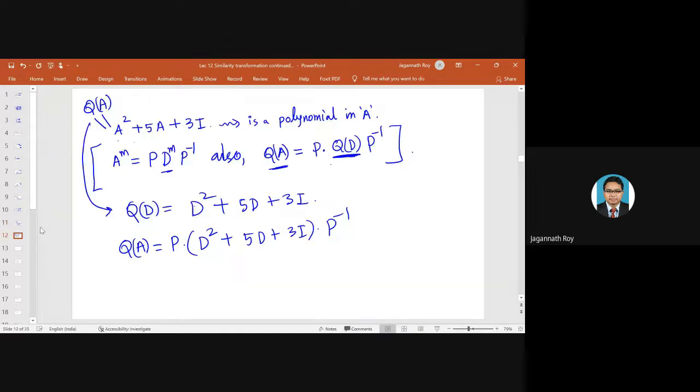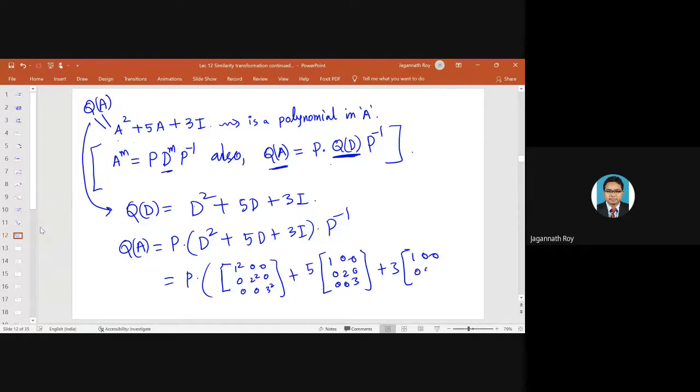So P times D square, where D is of this form: 1 square, 0, 0, 0, 2 square, 0, 0, 0, 3 square, plus 5 times D, 1 0 0, 0 2 0, 0 0 3, plus 3 times I, 1 0 0, 0 1 0, 0 0 1, and then P inverse.